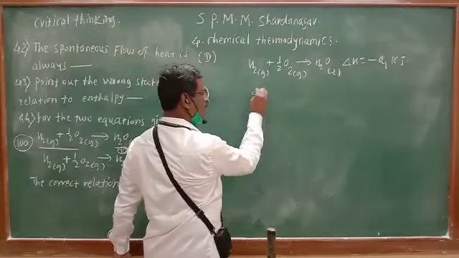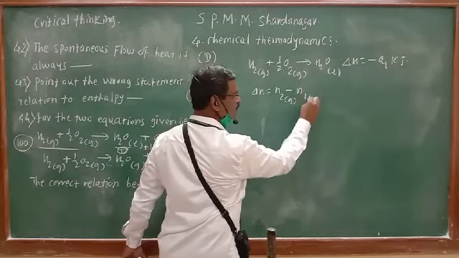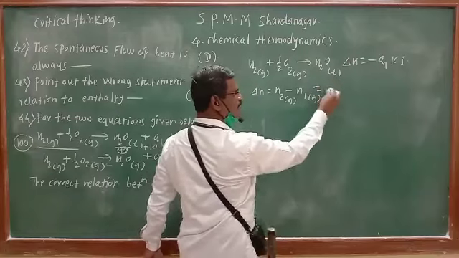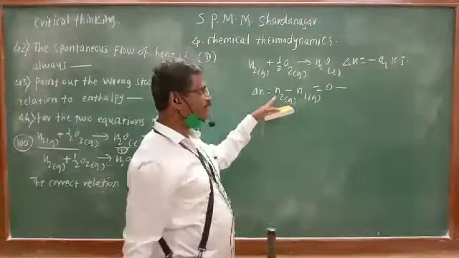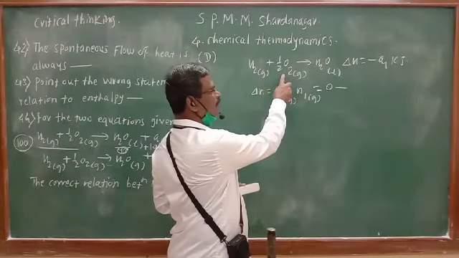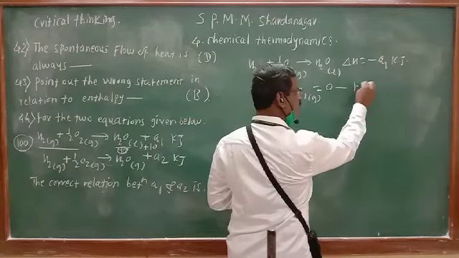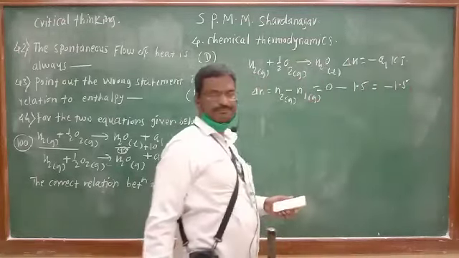Calculate delta n. Delta n is n2 gas minus n1 gas. n2 gas is 0, this is liquid. So n2 gas is 0 minus n1 gas, 1 and a half. That is minus 1.5. So the answer will be minus 1.5.